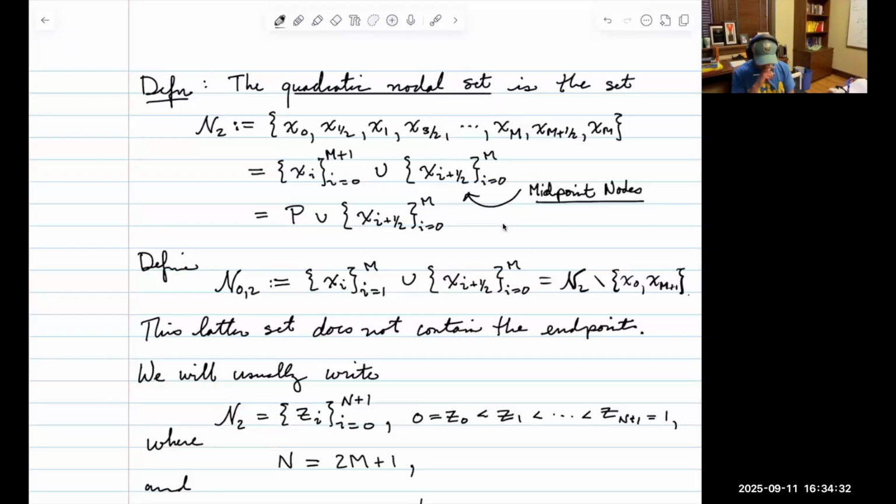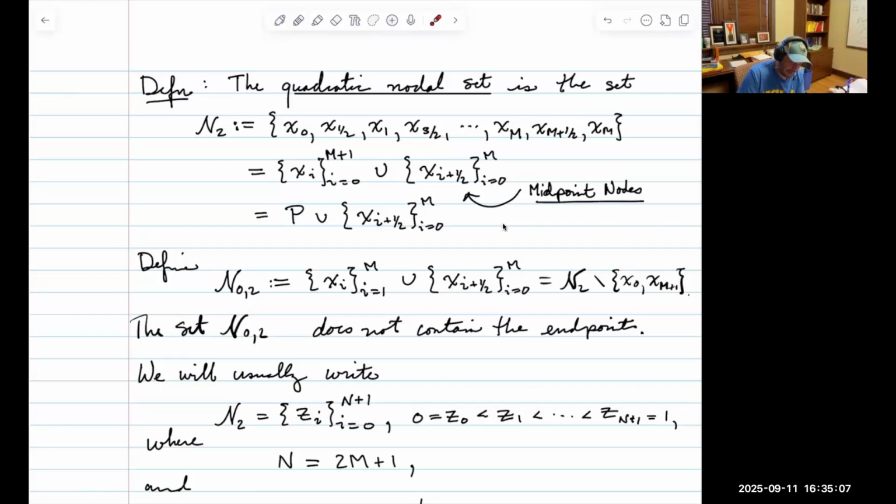Same thing. In any case, this latter set does not contain the endpoints. That's all we're doing, we're just rejecting those. And the reason is because those are not going to be degrees of freedom for the case where we have the homogeneous Dirichlet boundary conditions.